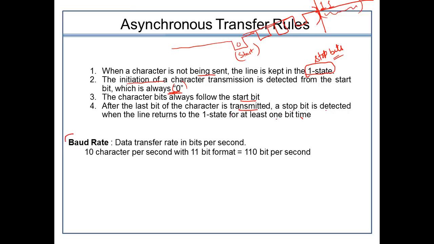With this, a technical term arises, the baud rate. Baud rate determines how much data we are going to transfer in 1 second.